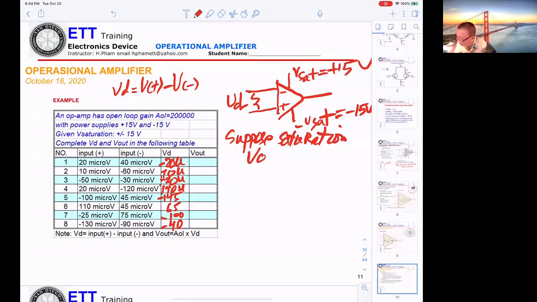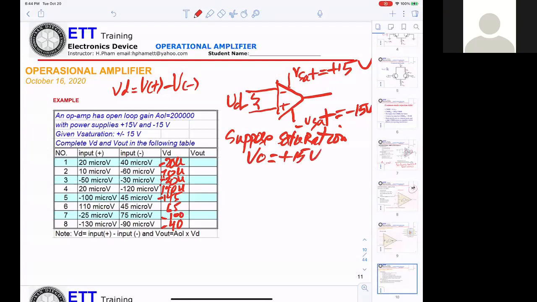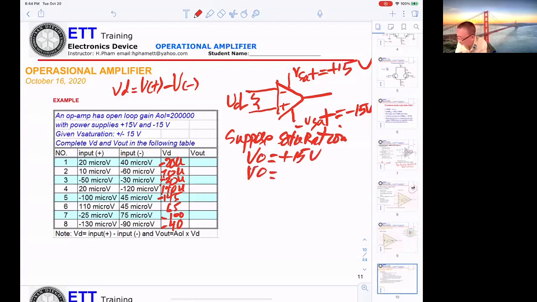Then V out is plus 15 volt or V out is minus 15 volt, we don't know. Right? When they are saturated, they can be 15 or minus 15.